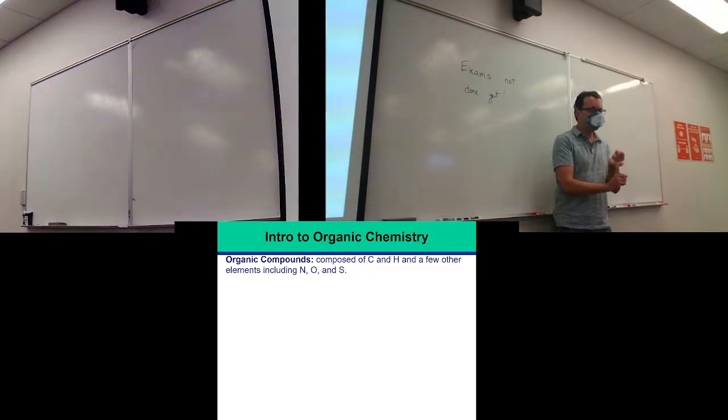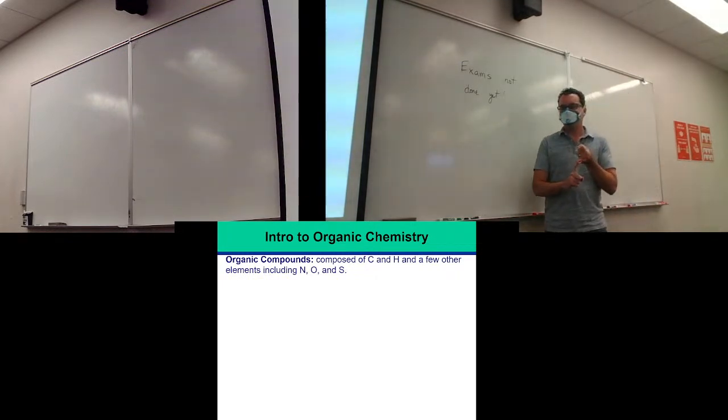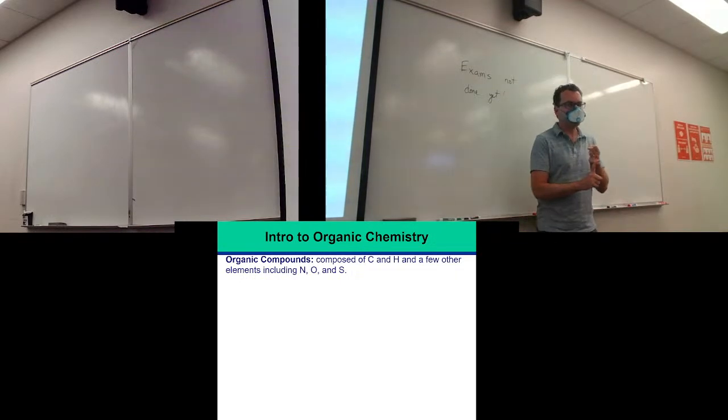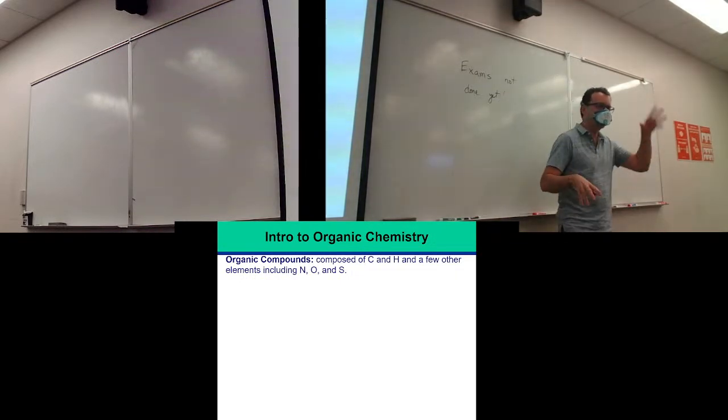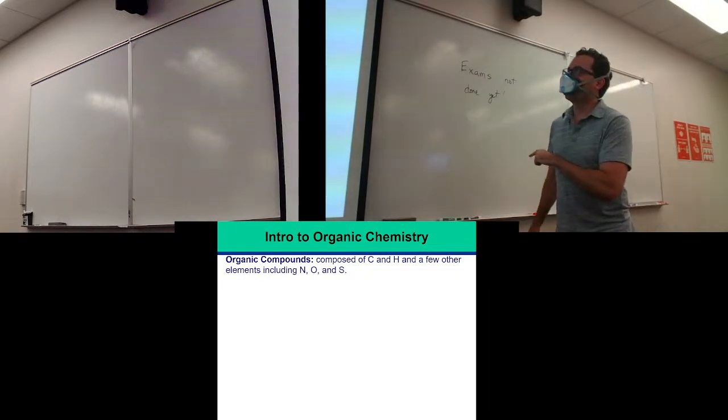We previously looked at binary inorganic compounds, binary meaning just two parts, whether it's two elements or two pieces like a polyatomic ion and a metal. And it's all been inorganic. Inorganic compounds do not contain carbon-hydrogen bonds. Organic is what we're going to be focusing on now.